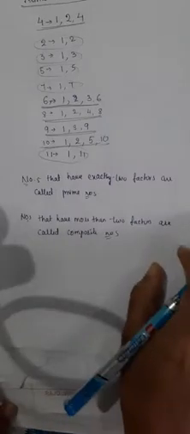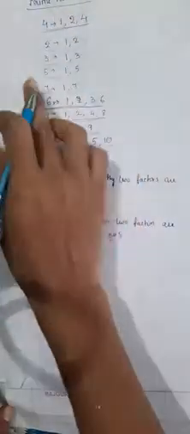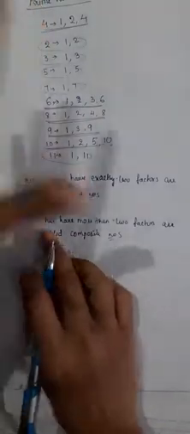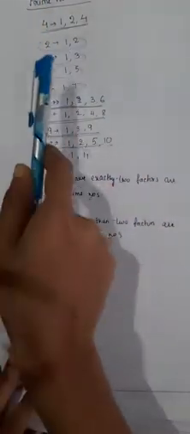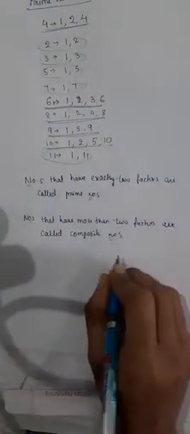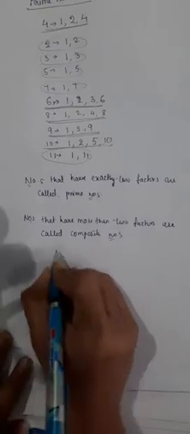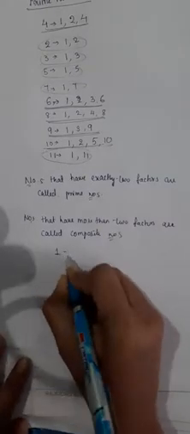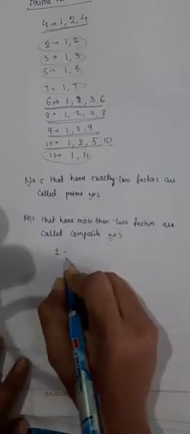But what about 1? The numbers which have exactly two factors are prime numbers. The numbers which have more than two factors are composite numbers. 1 is considered neither prime nor composite.